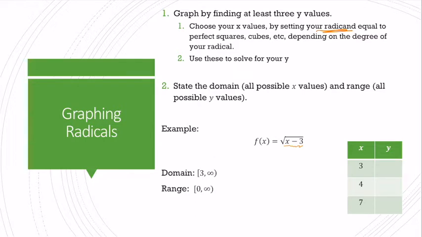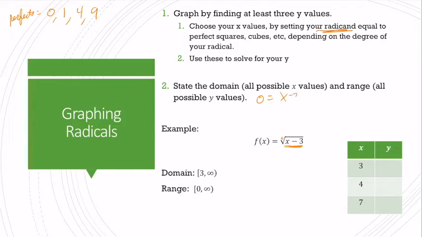that coordinate pair. So I'm going to set x minus 3 equal to some perfect squares because I'm taking a square root. Friendly reminder, the first few perfect squares are 0 squared, which is 0, 1 squared, which is 1, 2 squared, which is 4, and 3 squared, which is 9.